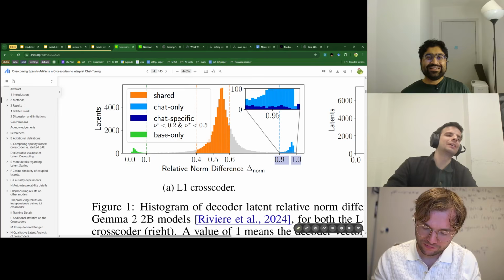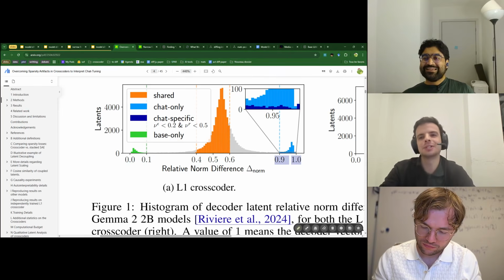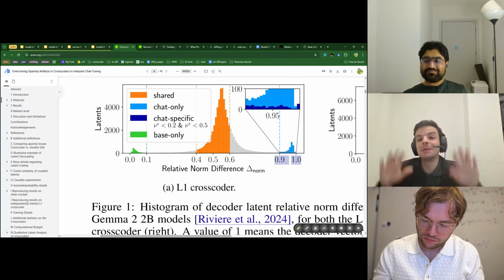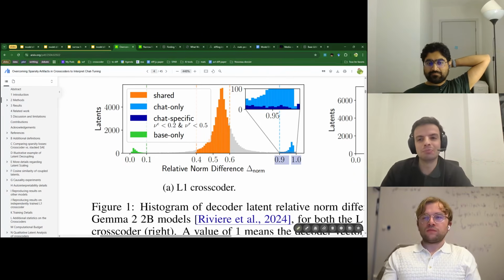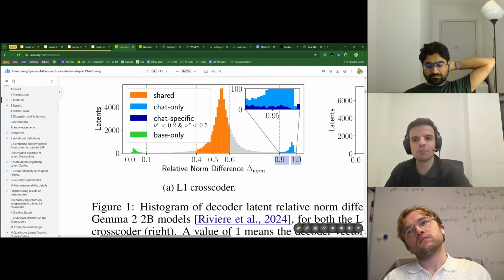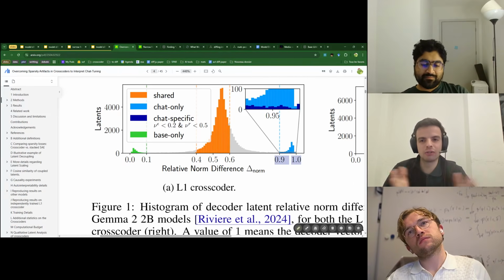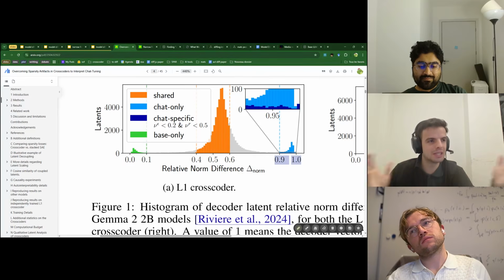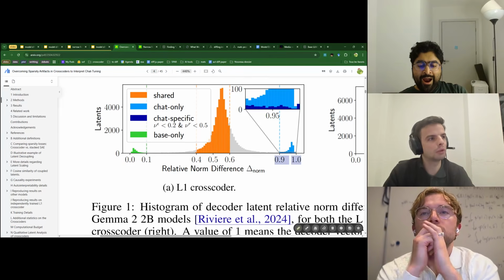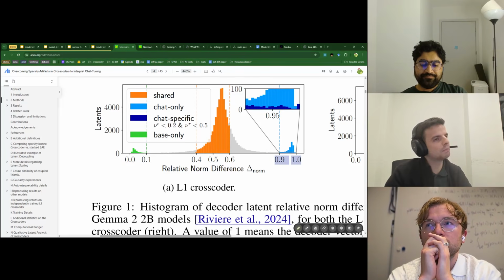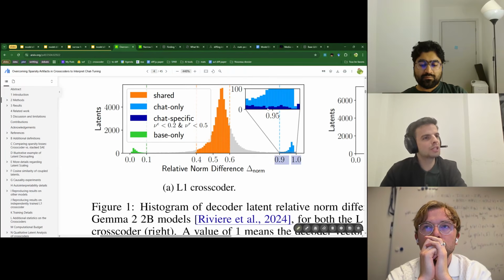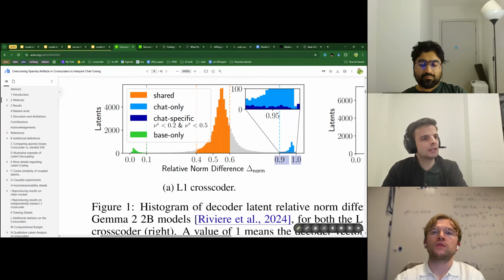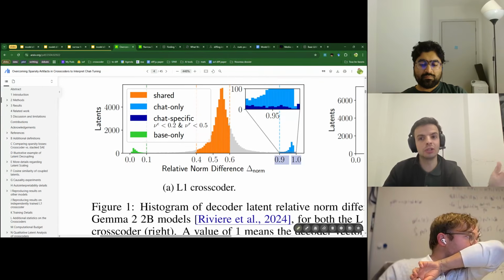Yeah, we were finding those features that were not very interpretable, and so we were like, maybe those are not genuine features learned by the chat model. So we tried a few metrics to assess, given a feature, given a concept, whether it is actually only present in the chat model activation. What we found, as you see here in blue versus dark blue, is that the dark blue is features that according to our metrics are actually unique to the chat model.